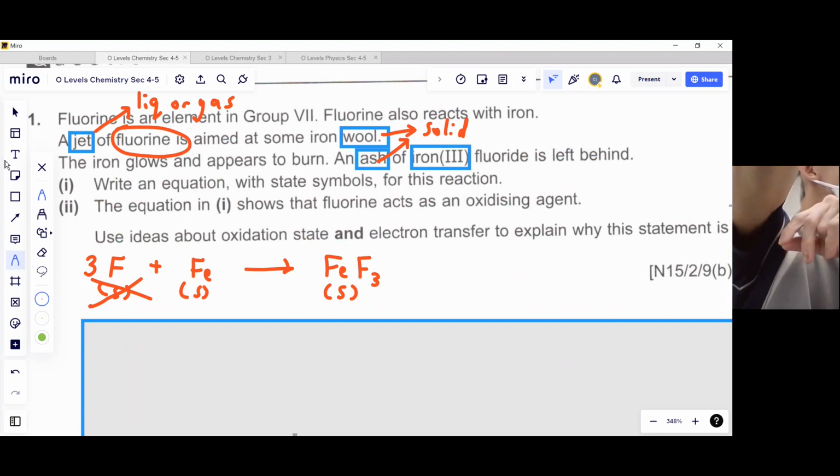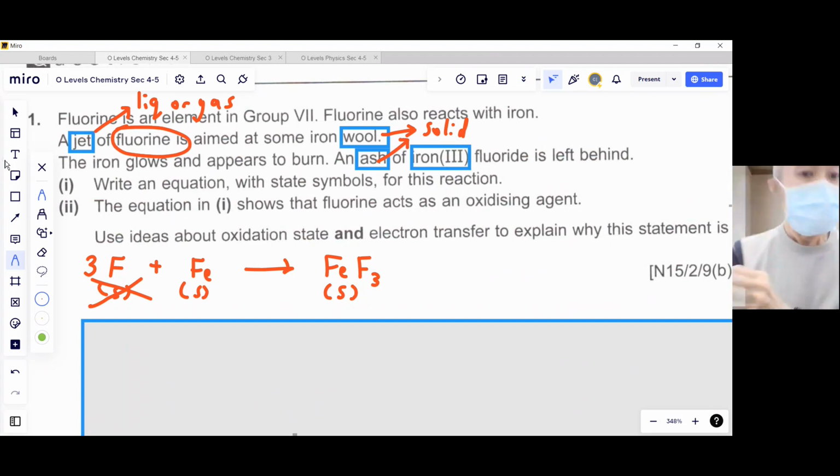But guys, don't forget your set 3 stuff. All the group 7 elements exist as diatomic molecules. So F is F2, Cl is Cl2, I is I2. Please remember that, lots of people have made that mistake before. So it's not F, it's F2.